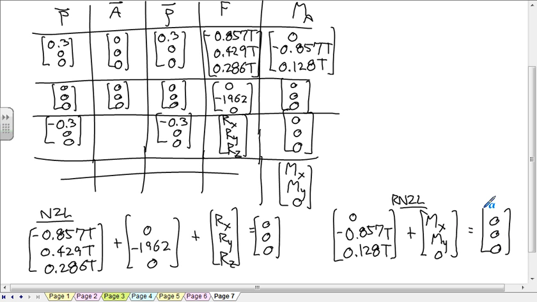Yep. Isn't there a moment for the reaction force? Yes, sorry. I just got excited. So one more moment in there. What do you get when you? Okay, negative 0.3 Rz and positive 0.3 Ry. The negatives are switched. Okay.